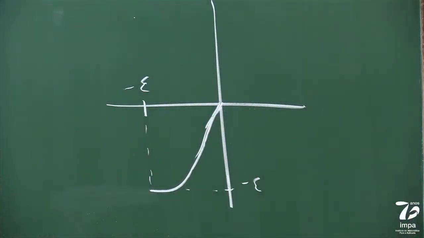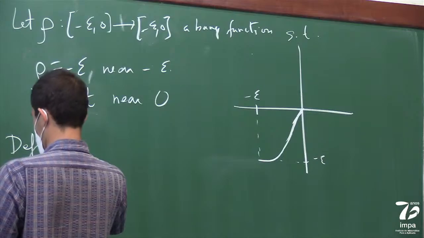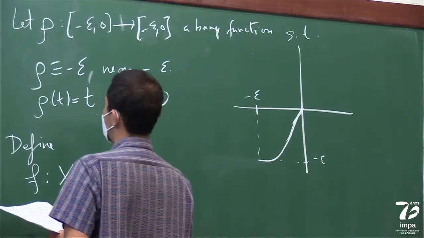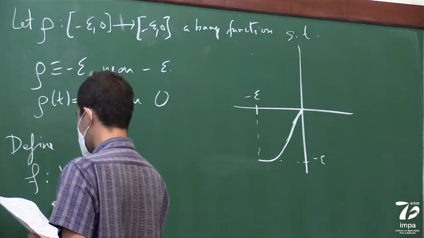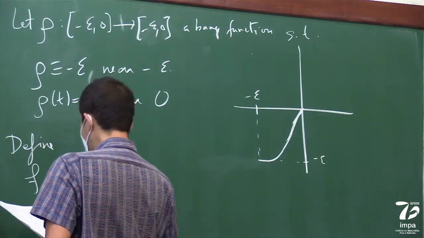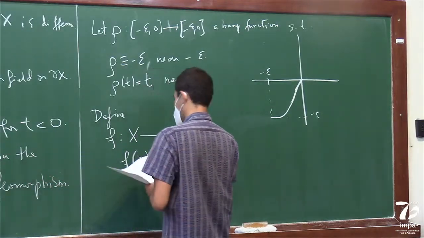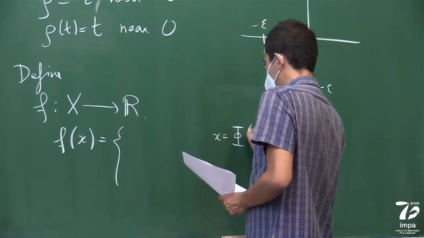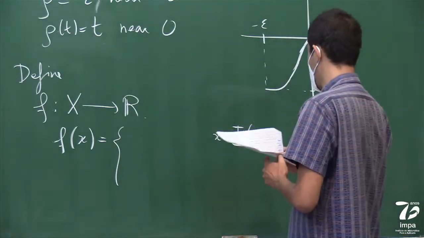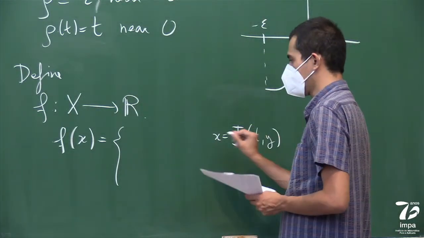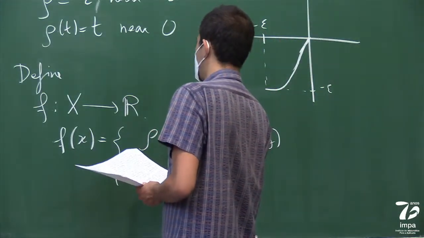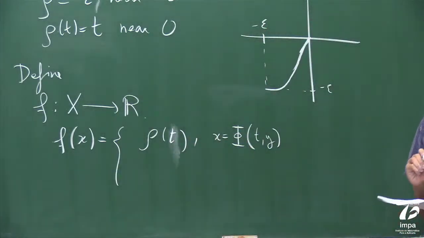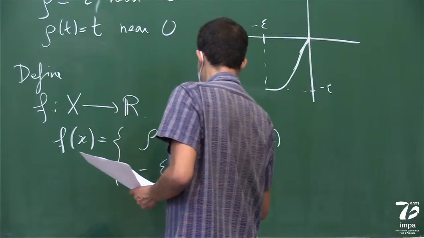So then what you can do is define a function f that goes from X to R in the following way. If x is in the image of phi, so if x is phi of t, y, then you define this to be rho of t. And otherwise, you just define it to be minus epsilon.